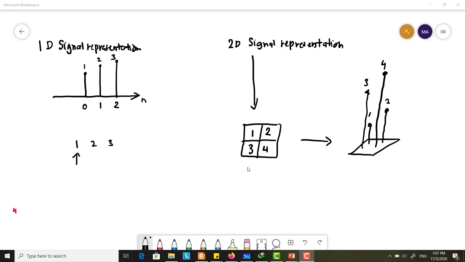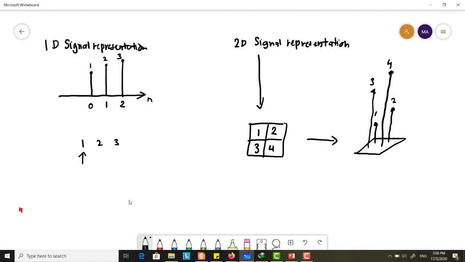Okay, so again, I believe that in your signals and systems class, everyone took that subject. You learned about analog signals, let's say a sinusoidal signal.